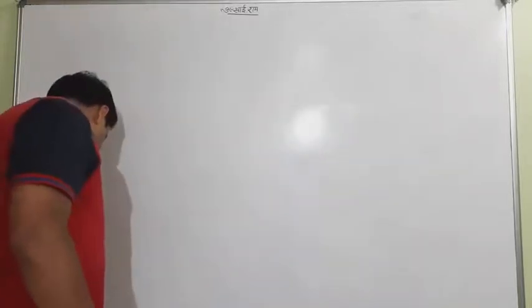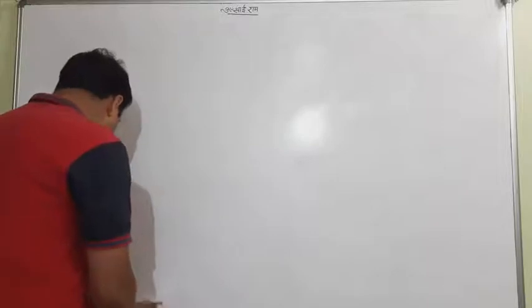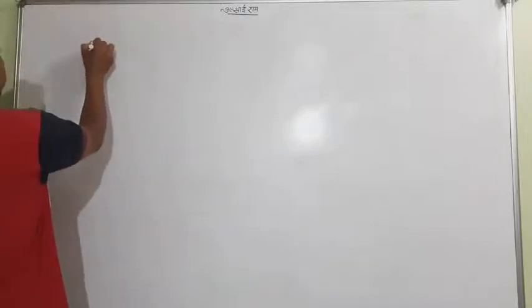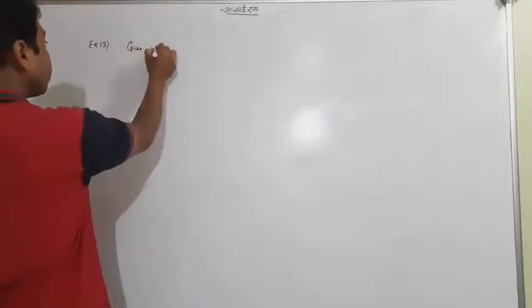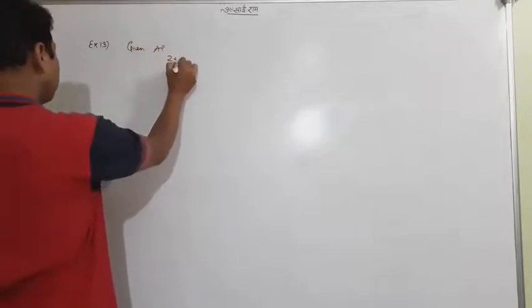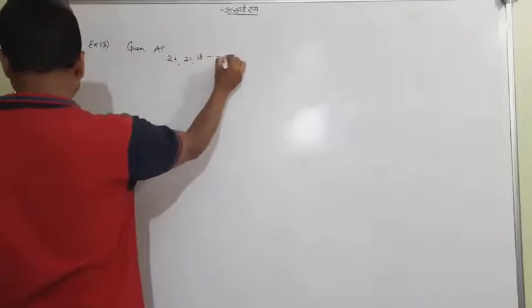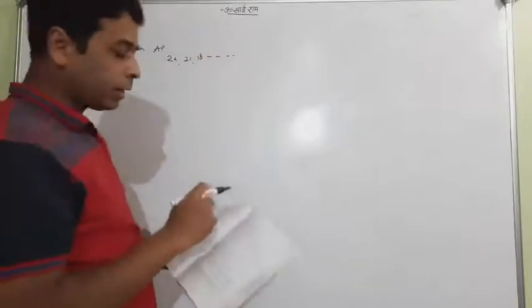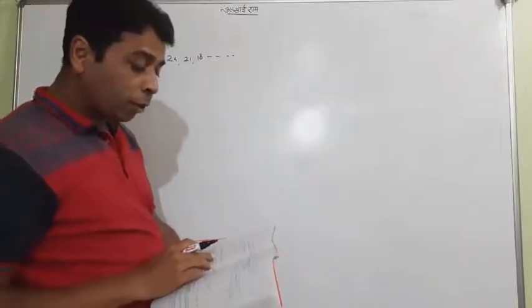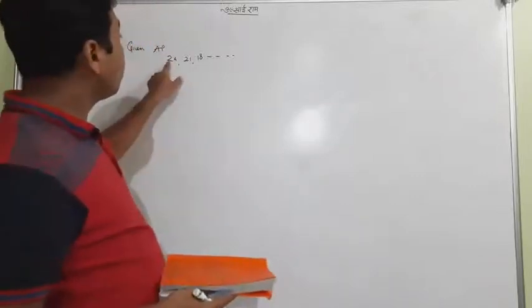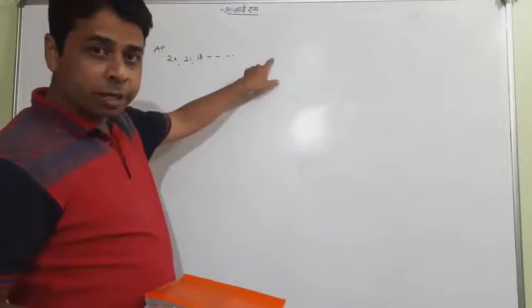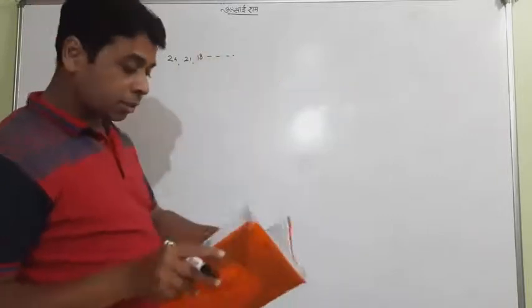This was example number 12 that I taught. Example number 13 I want to tell you. The given AP is 24, 21, 18, and the question says how many terms of the AP must be taken so that the sum is 78.